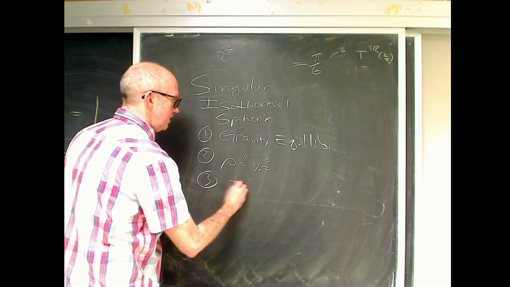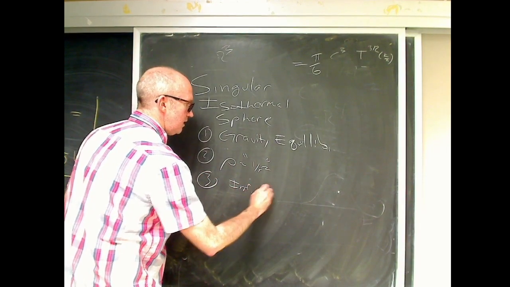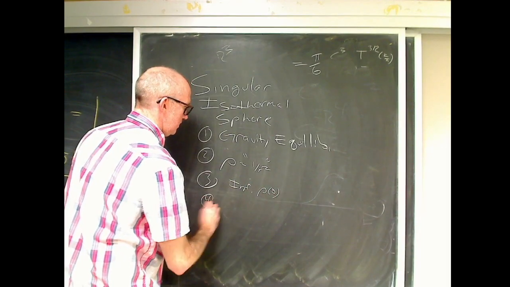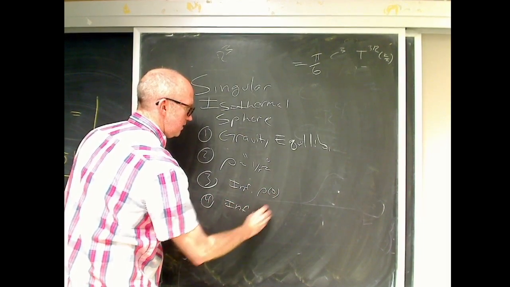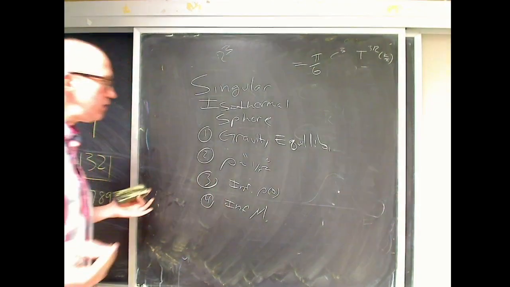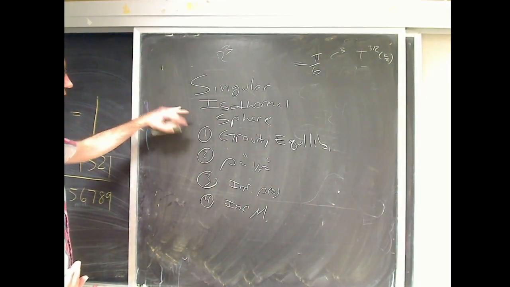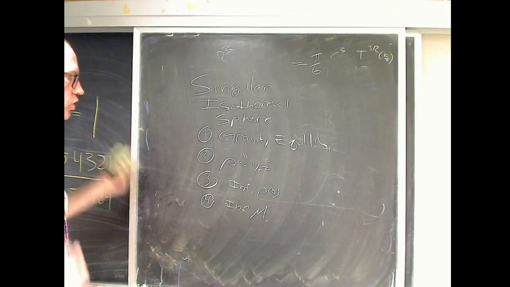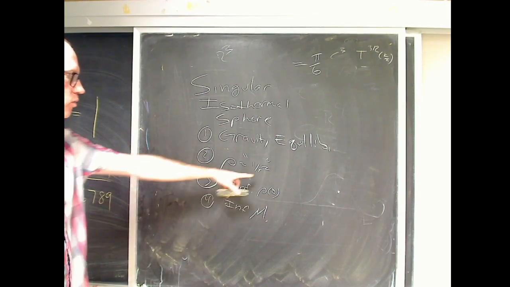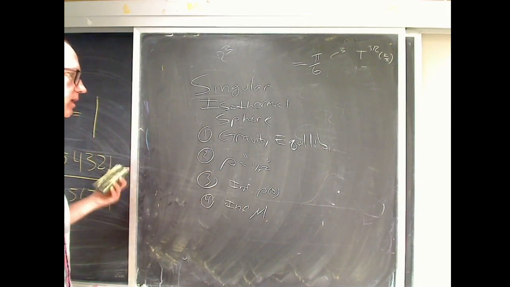But, okay. But they're all over the place. So the singular isothermal sphere is a very useful tool for modeling things because rho going as 1 over r squared is really useful. Clearly it's not perfect.